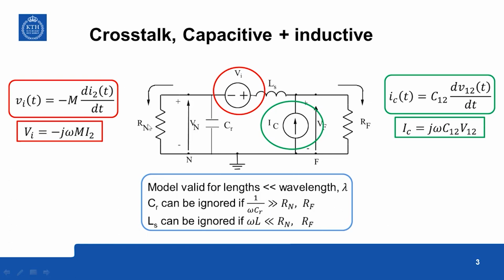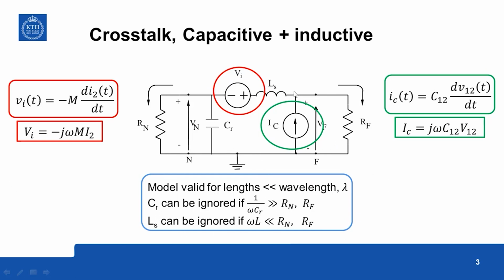Say for example, if the far end resistors or impedances were higher, of the order of 1 mega ohms or something like that, and the frequency is extremely high, of the order of 100 megahertz, these conditions may not be true. So one has to really check that.